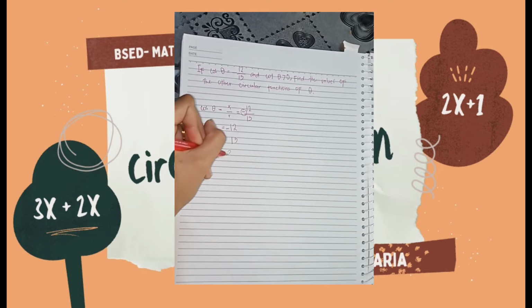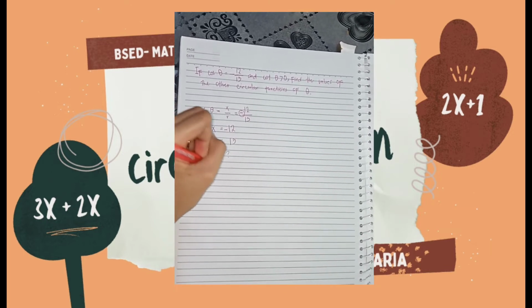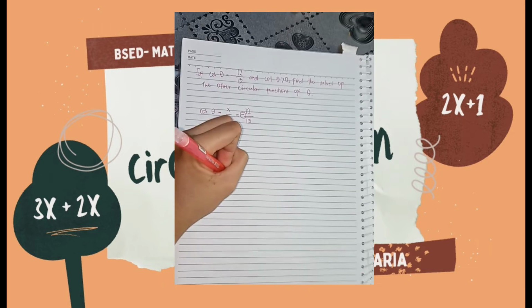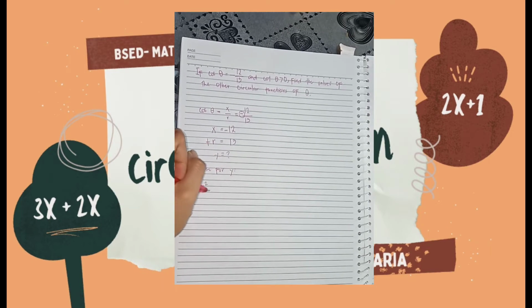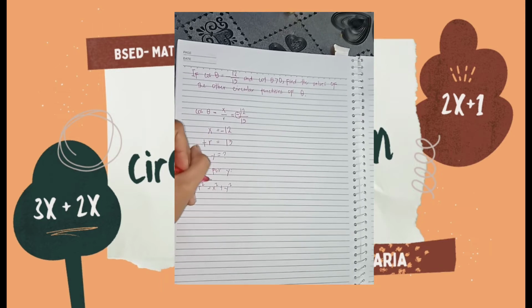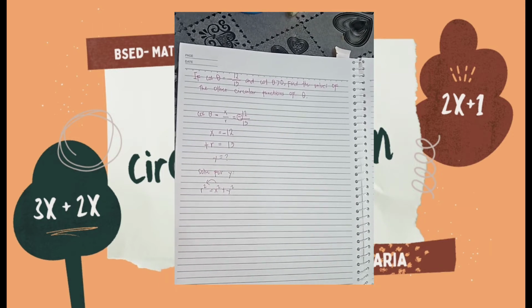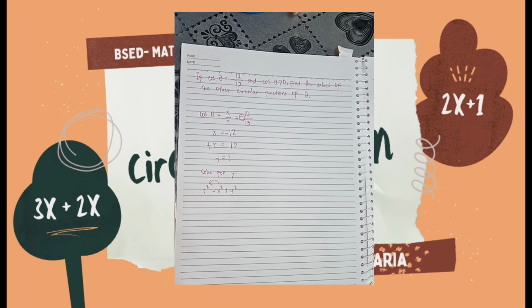Then y is unknown. So to solve for y, we use this formula, r squared equals x squared plus y squared. Then transpose x squared to the left, that becomes r squared minus x squared equals y squared.